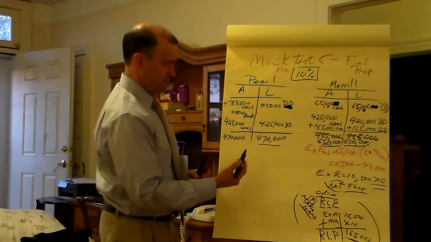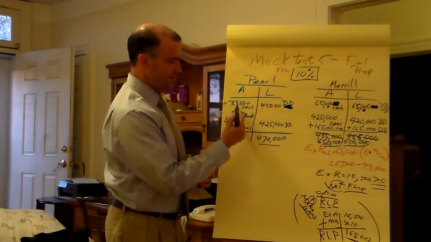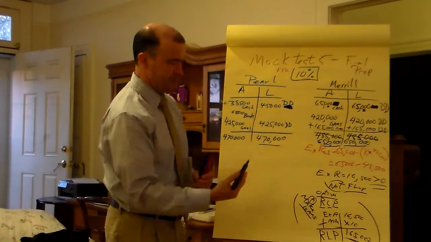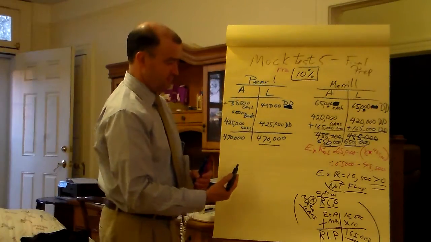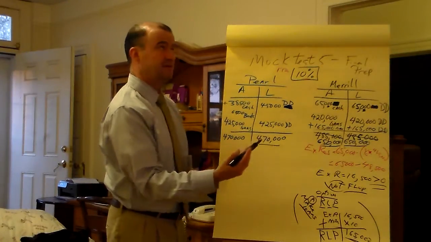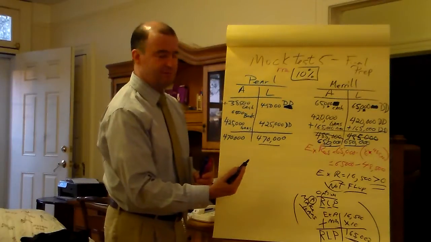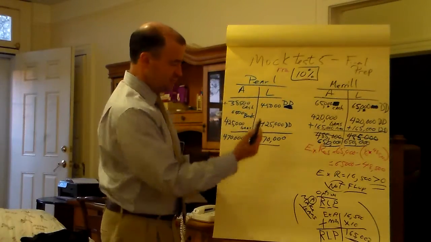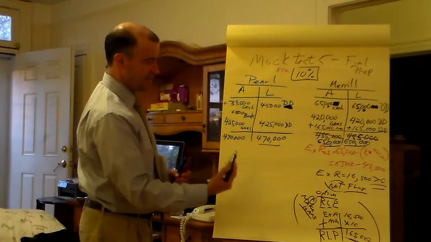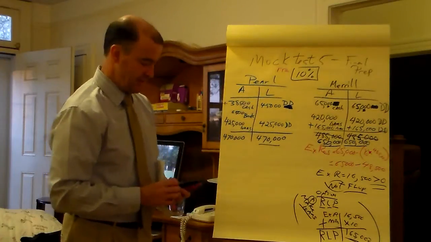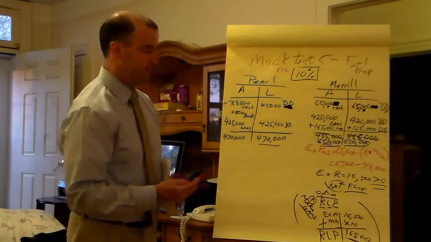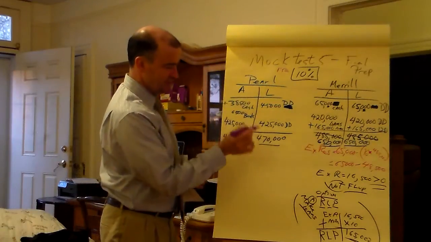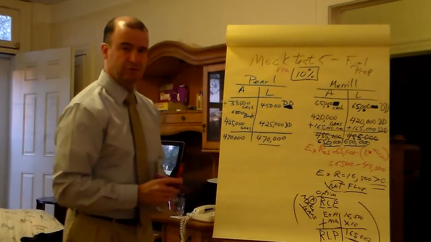So if you just multiply 38,500 times 10, she should only be around 385. Or if you take 1/10 of 470, you're going to get 47,000. She doesn't have that. So let's do the math and figure out exactly what her position is and how much. But you should expect a negative number because she's not at that 1/10 ratio.